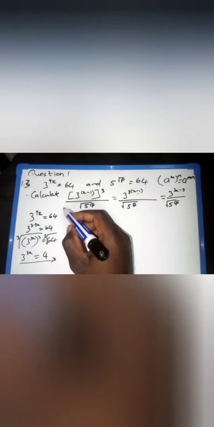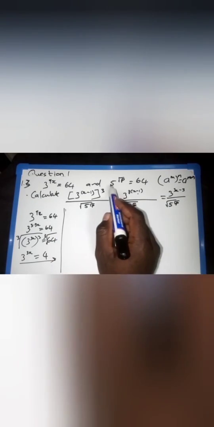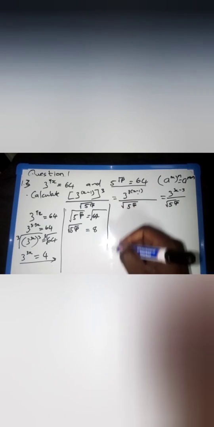And if we take what we've been given here, 5 square root p equals 64, then we square root both sides, so the square root of 64 is 8, and this here is 5 square root p. So we have our denominator now.